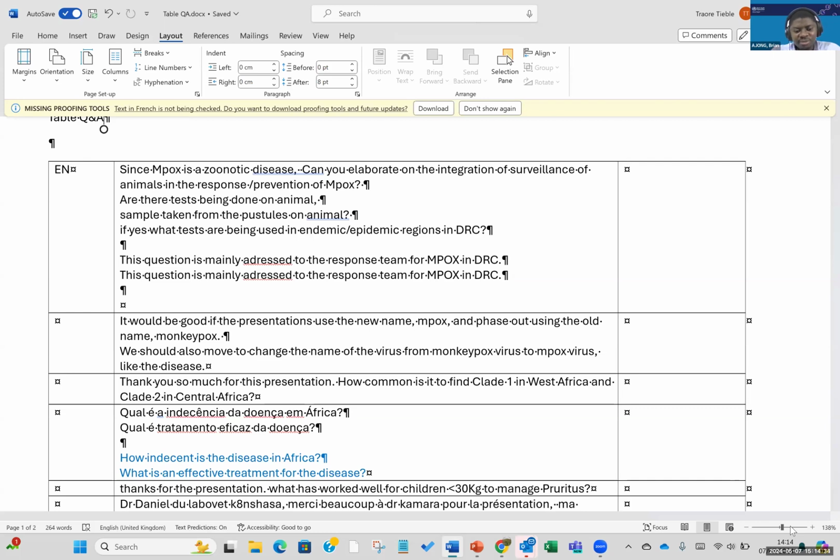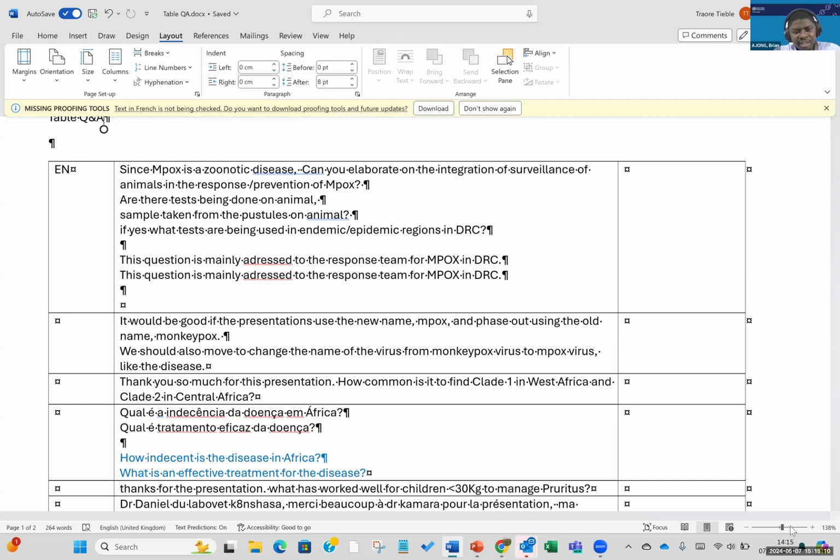So no matter what we do in trying to break the human-to-human chain of transmission, there is still that aspect of spillover events from animals. So recently, we elaborated a response plan here in DRC, and we emphasized this One Health approach to ensure that we can, as much as possible, integrate response activities, both the human and the animal parts of the response.